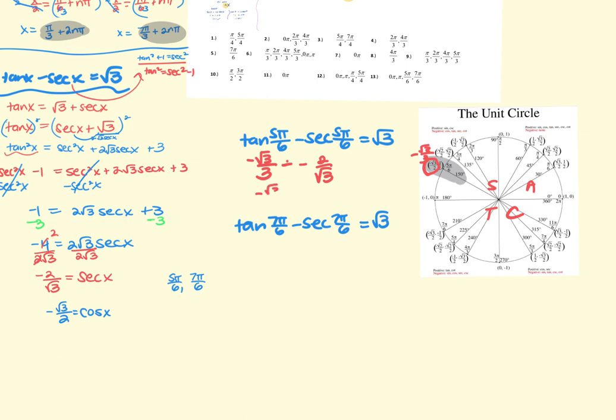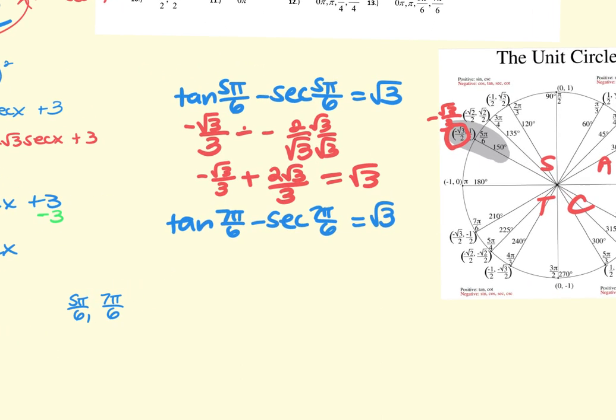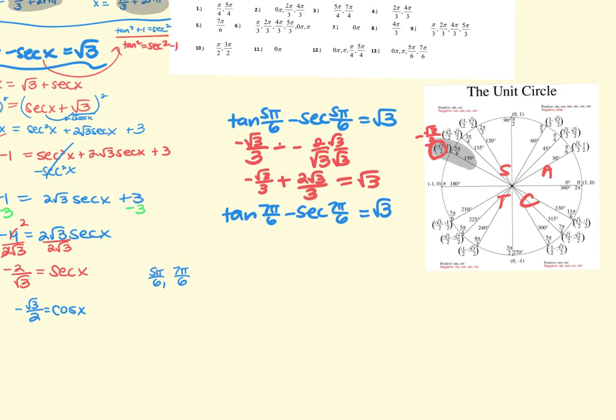So this would get negative root 3 over 3 plus, because minus a negative, rationalize this, and I get 2 root 3 over 3. And we want this to equal root 3. Well, negative root 3 plus 2 root 3 equals, wait, sorry, hang on. Let me move this down.